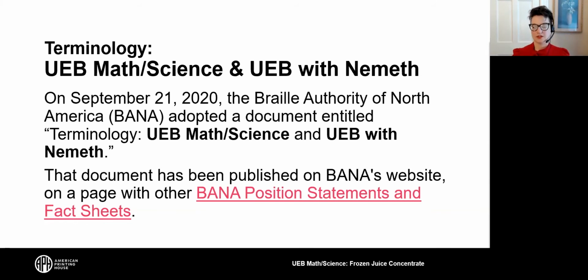So those are the two options in the US. It is my understanding that no other English-speaking country has retained the use or has adopted the use of the Nemeth code for math and science. So this distinction between the two, UEB Math Science versus UEB with Nemeth, is a US thing.